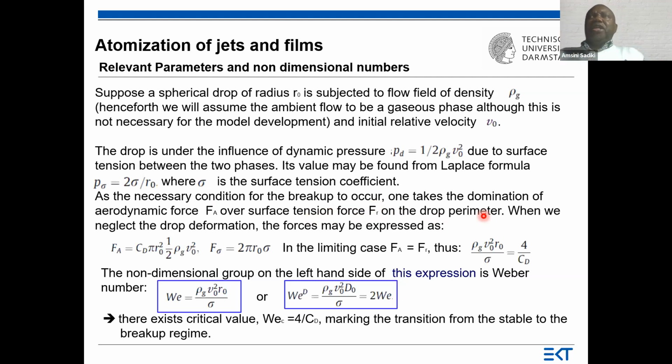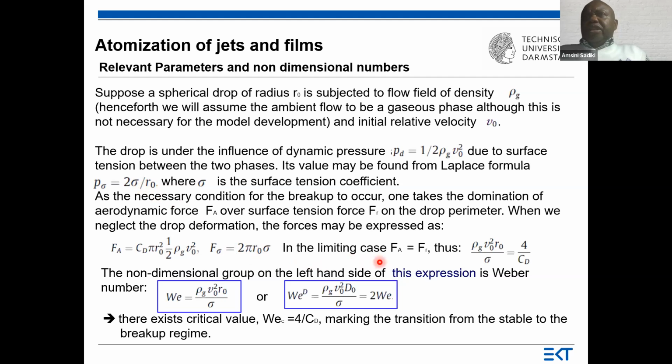We are speaking about the aerodynamic formulation or modeling. The force may be expressed as this. This is our aerodynamic force, it is the drag force, okay? You know it. We multiply by the drag coefficient. And it is the surface tension force. We have this, we multiply by the surface, and we obtain this.